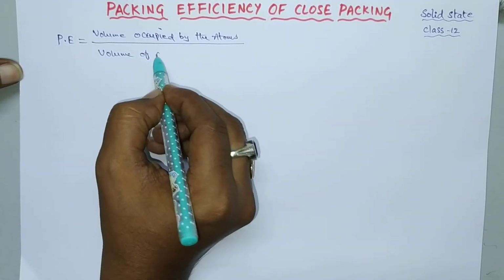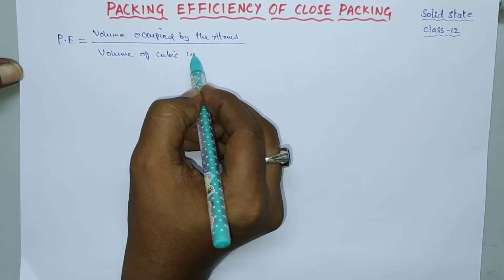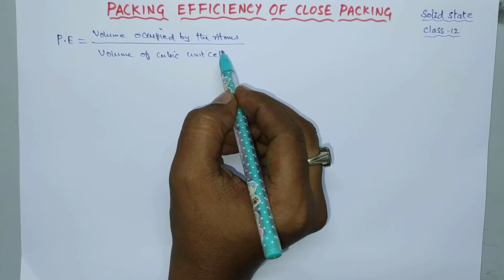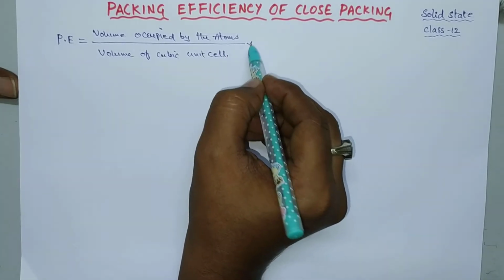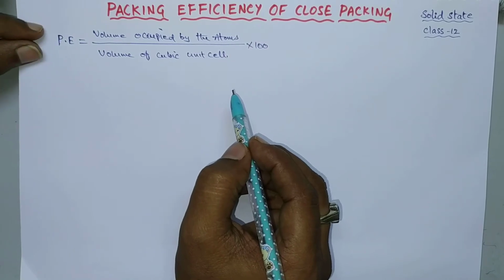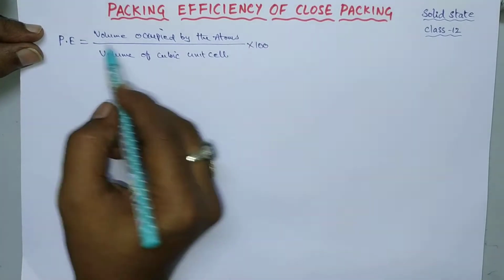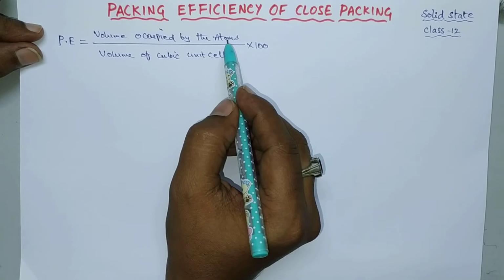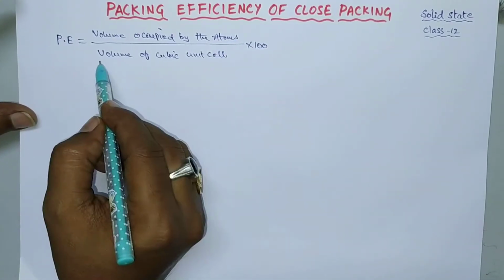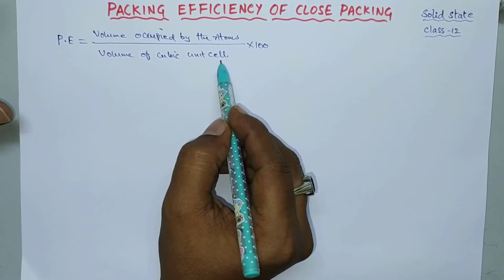Since we are considering the percentage of space, we have to multiply by 100. This is the formula for packing efficiency: the volume occupied by atoms present in the cubic system, divided by the volume of the cubic unit cell.